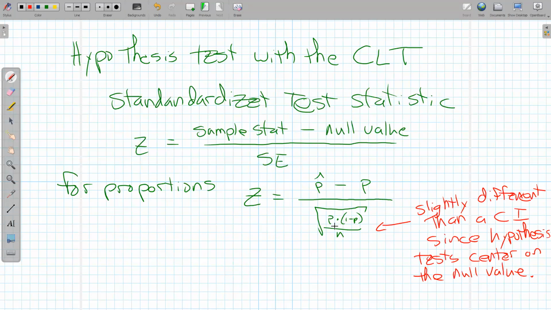So it's similar. We have a p times 1 minus p. When we're doing a confidence interval, it's p-hat times 1 minus p-hat. Slight distinction we have to make to get this right.